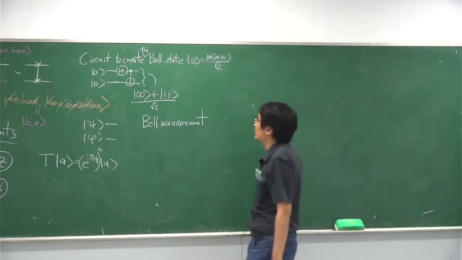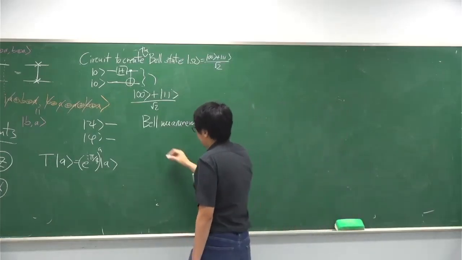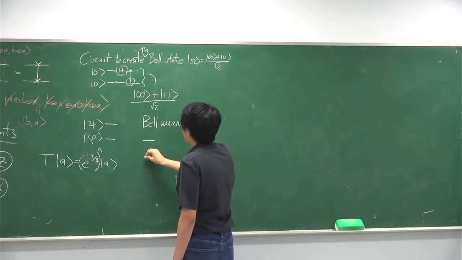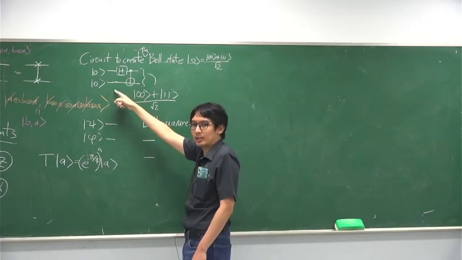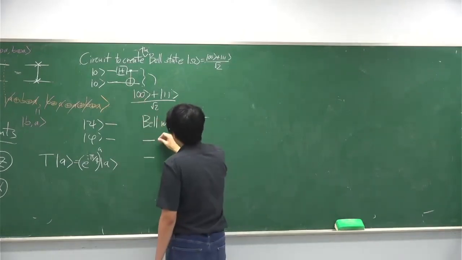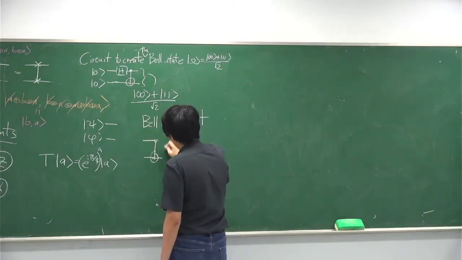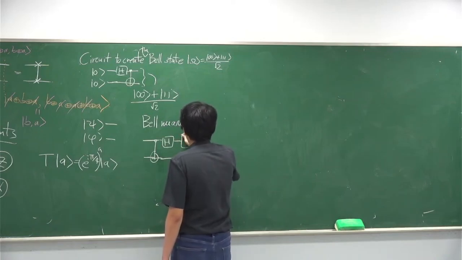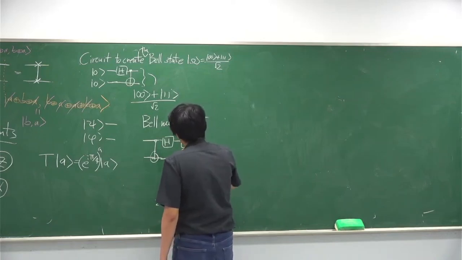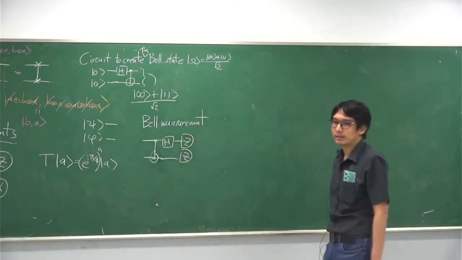Same as Bell measurement. So the way that you can write down a Bell measurement is simply to write the inverse circuit, the inverse of that circuit, and then measure in the computational basis.